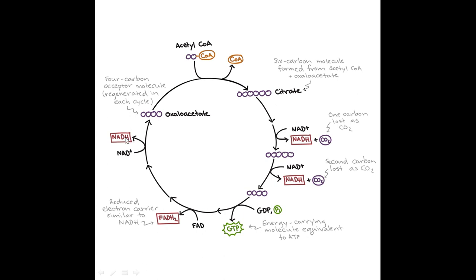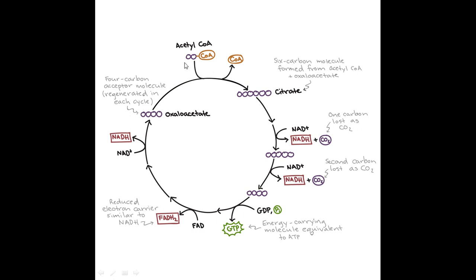So several molecules of NADH and FADH2 are produced in the Krebs cycle when you have one glucose molecule being broken down in the body. So one glucose will yield an equivalent NADH of 6, 2 FADH2, and 2 GTP.